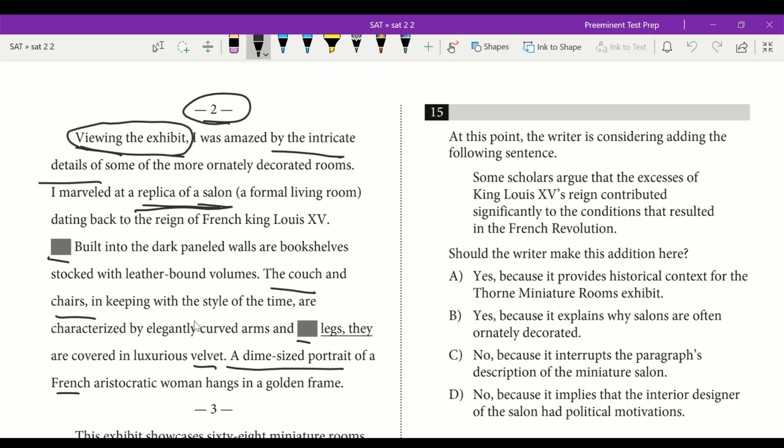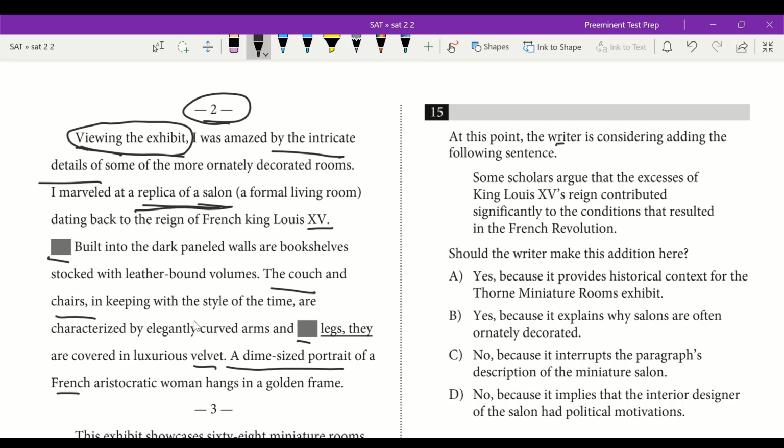Viewing the exhibit, I was amazed by the intricate details of some of the more ornately decorated rooms. I marveled at a replica of a salon, a formal living room dating back to the reign of French King Louis XV. Built into the dark paneled walls are bookshelves stocked with leather-bound volumes. The couch and chairs, in keeping with the style of the time, are characterized by elegantly curved arms and legs. They are covered in luxurious velvet.